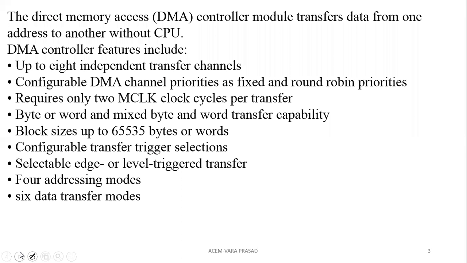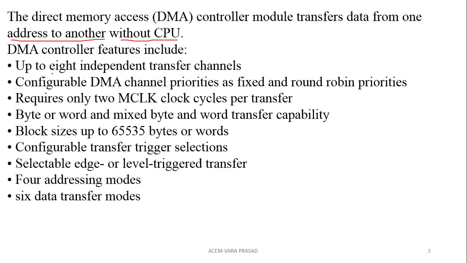That is DMA. What is DMA? Direct memory access. It is mainly used to transfer data from one address to another address without the CPU. That is DMA. So what are the features of our DMA? Up to 8 independent channels.